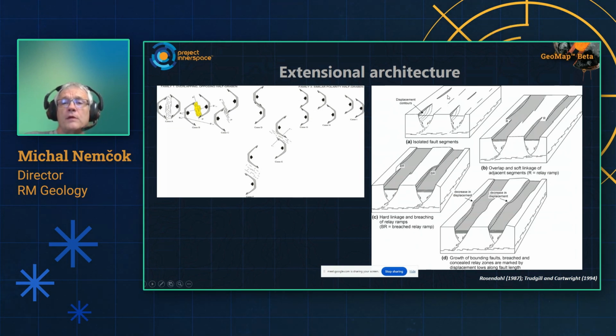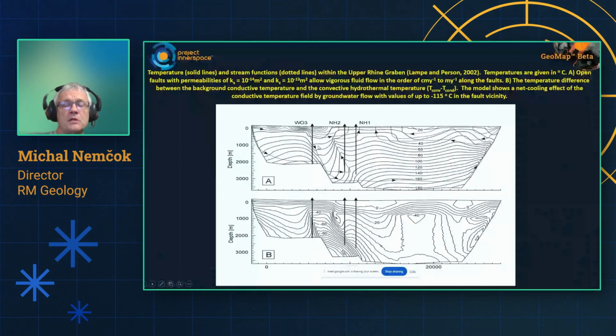We also need to think about the maturity stage of fault growth, where we are between nucleation and full linkage, whether we need to worry about relay ramps separating individual normal fault segments, or whether those relay ramps are already breached. The reason we do this is that we try to map fault blocks that would give us a maximum expected size of a fluid flow cell.